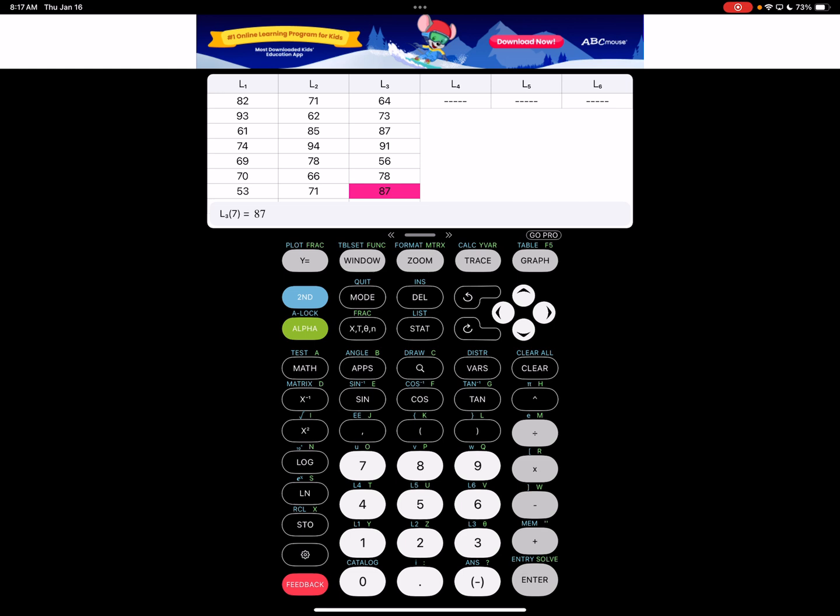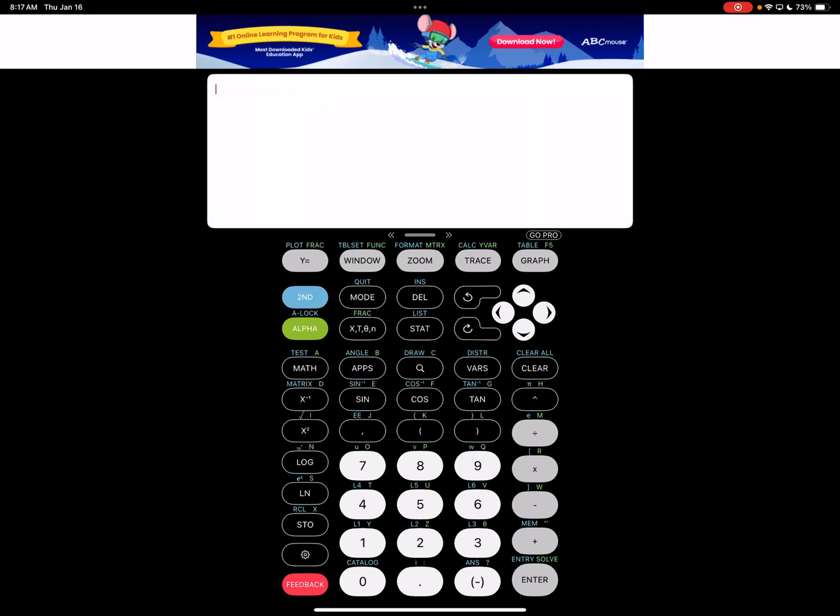So if I had just given you raw data without those means and standard deviations, you could use your calculator to find it. So I'm going to review that with you really quickly from first semester, okay? I'm going to go to second mode, which quits, then stat, arrow over to calculate, one variable statistics, and I'm going to do that for list 1. And you can see right here, it gives me my X bar.